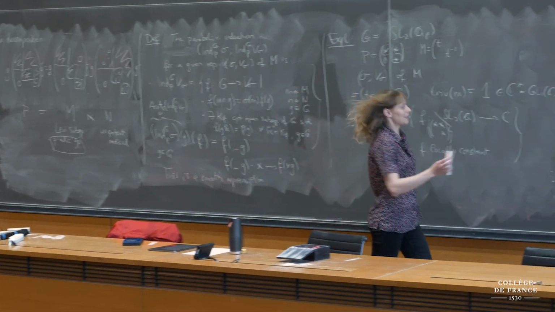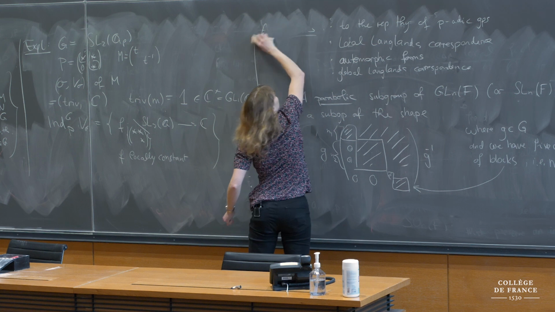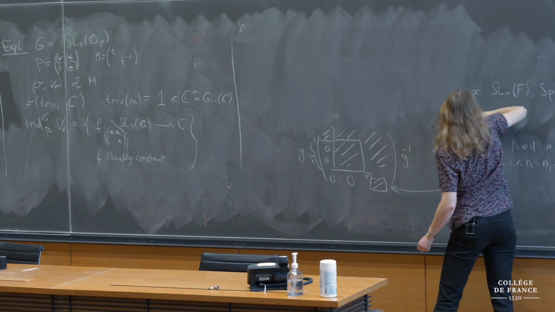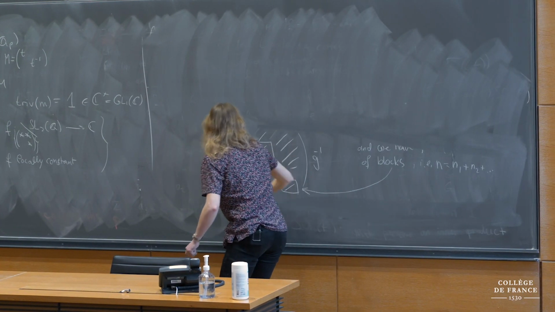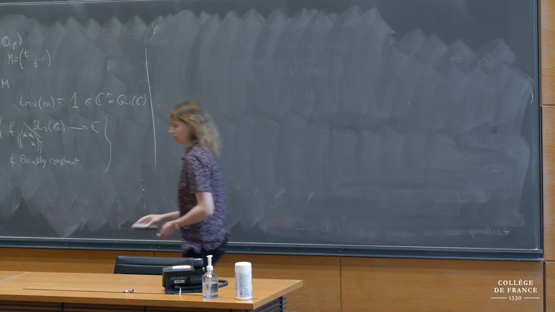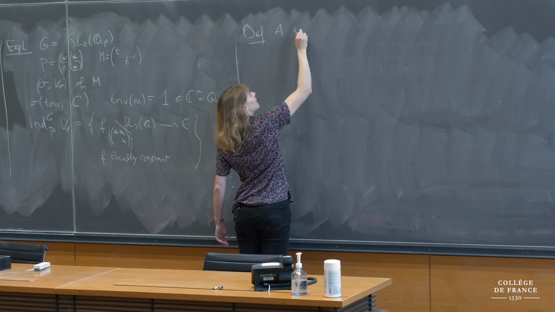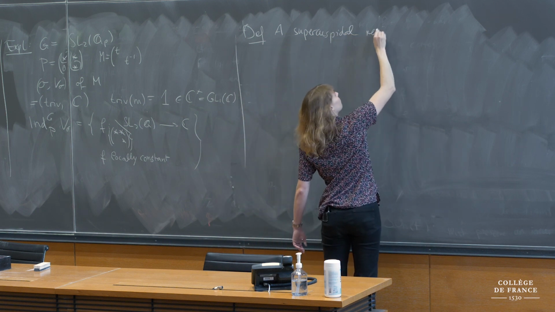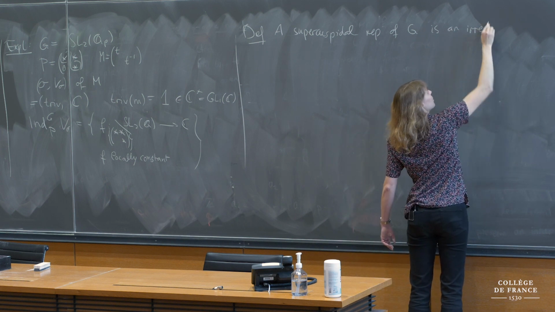And now what are the supercuspal representations? These are exactly the ones that we can't construct in this way. So let me give you the definition of supercuspal representations and the fact about them and why they are building blocks, and then we take a short break. So here's the definition. A supercuspal representation of our group G is an irreducible representation.